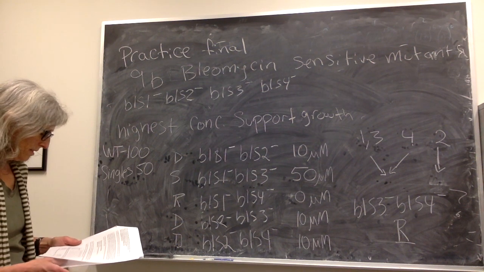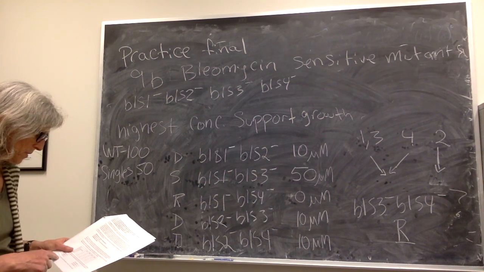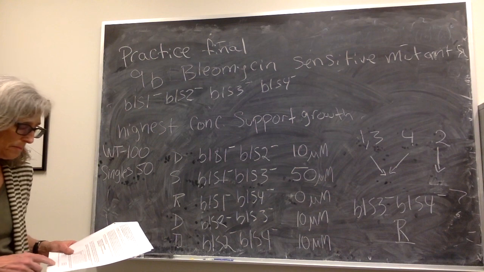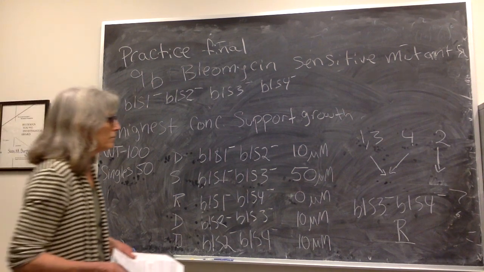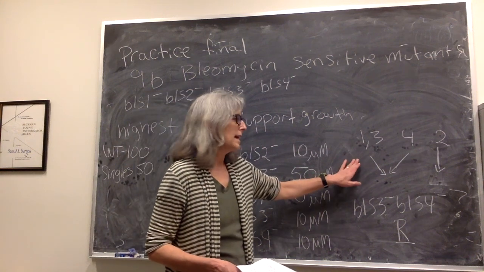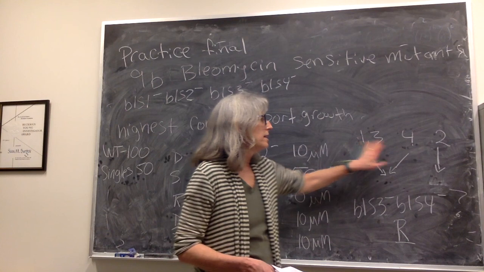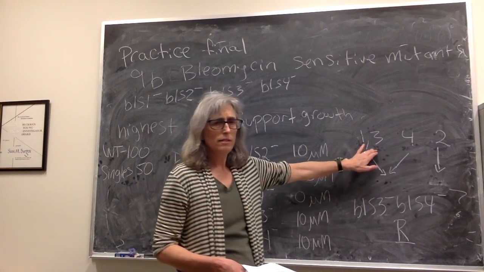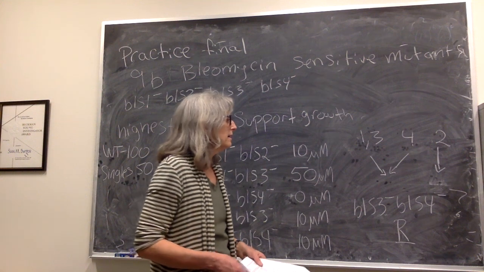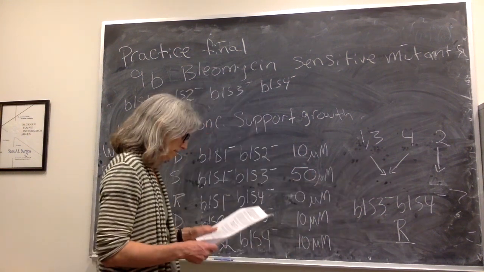Okay, so the last part of the question asks you to predict the phenotype of the BLS3, BLS4 double mutant. If we look at our pathway now, we could infer what that phenotype might be. We know that 1 and 4 are functionally redundant with each other, and we know that 1 and 3 are in the same pathway, so we can infer that 3 and 4 will also be functionally redundant.